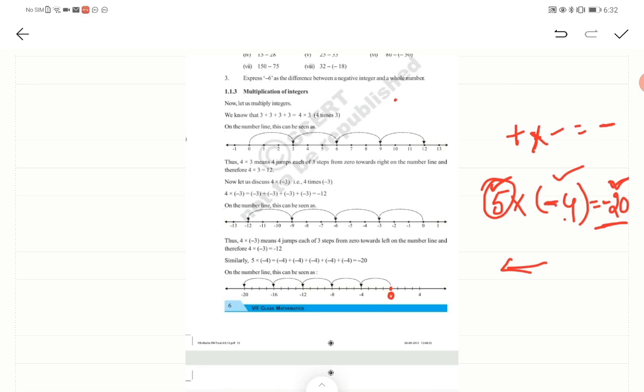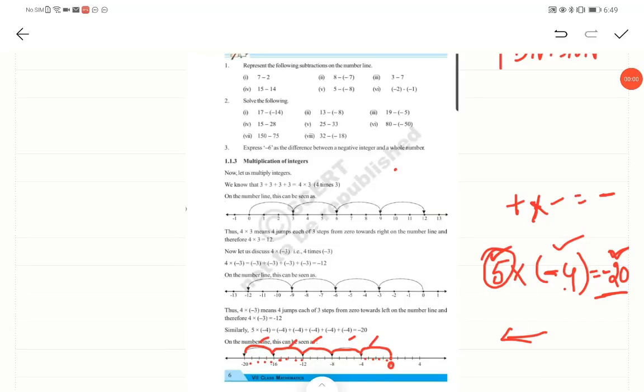Since it is minus, we are hopping 5 times with each hop having 4 steps. 1, 2, 3, 4, 1, 2, 3, 4 and 5. So we are doing 5 jumps with 4 steps each. This is how you use the number line for multiplication.